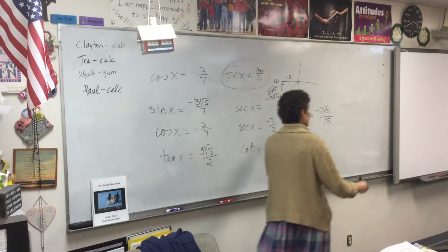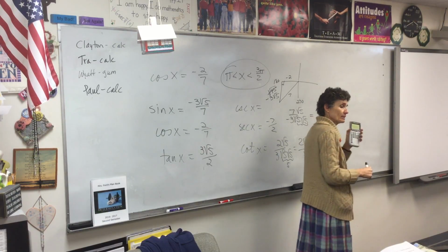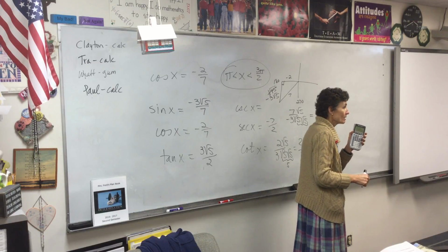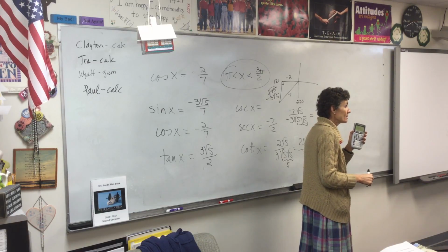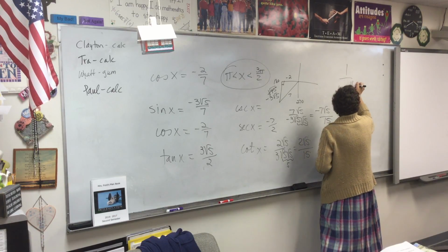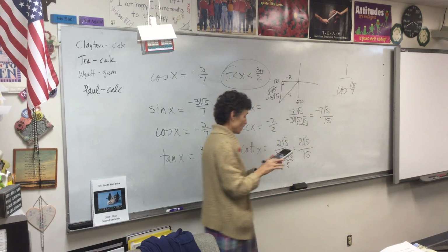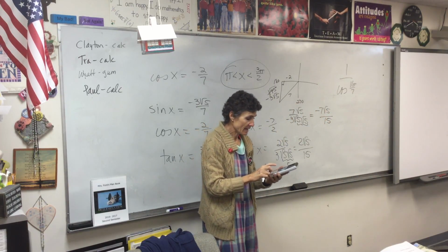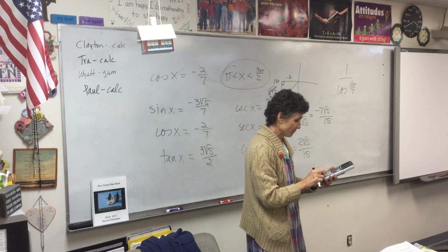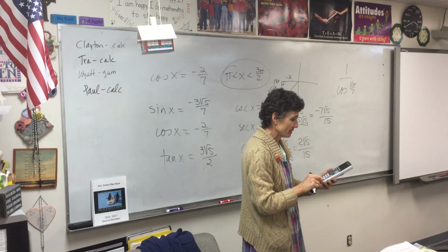So who remembers how I type secant into my calculator? 1 divided by cosine. Isn't that what secant is? Yeah. So I literally type 1 divided by cosine, 11 pi divided by 7.